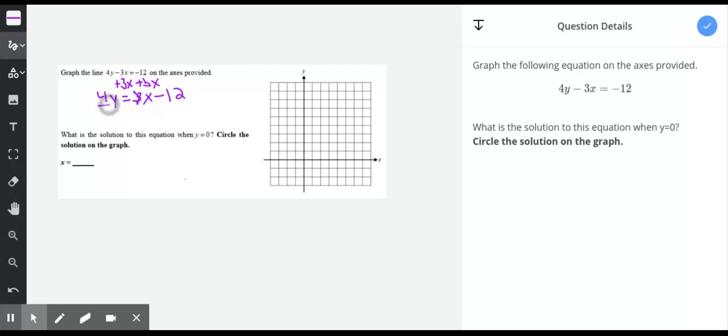Then I have to divide everything by 4. That gives me y equals 3/4 x minus 3. So that means it starts at negative 3, goes up 3 over 4, up 3 over 4. So that's the graph of y equals 3/4 x minus 3. And then the solution is this point right here, which is x equals 4.